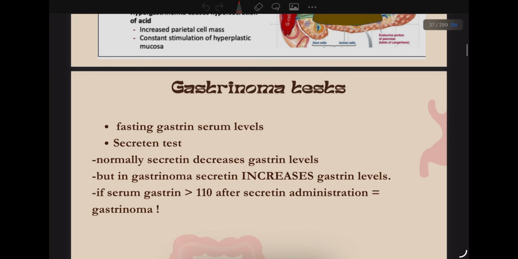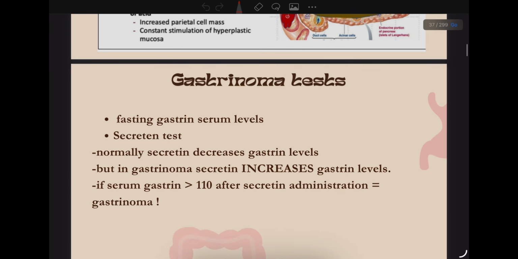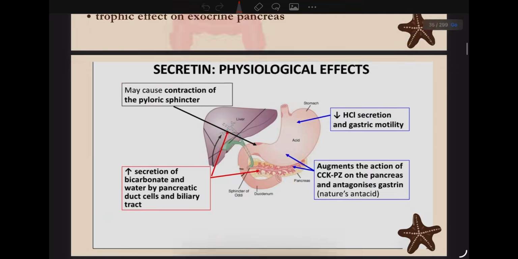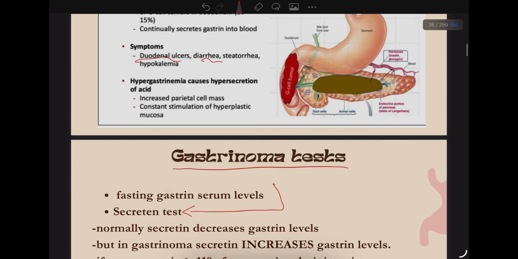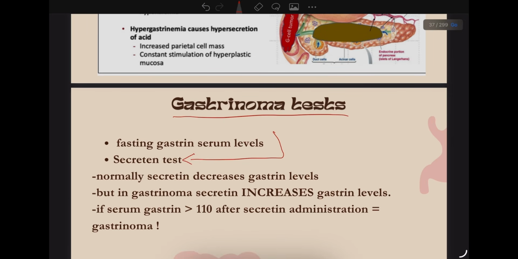Now, this is why I put it after secretin. To test for gastrinoma, you will do something that we call the secretin test, which is the very important part. Secretin, normally, what does it do? What did we say here? It inhibits gastrin release, right? So it decreases gastrin. Now, in patients who have gastrinoma, you give them synthetic secretin.